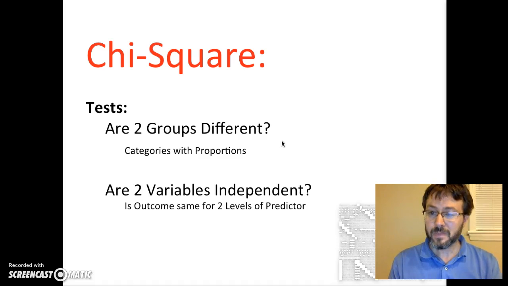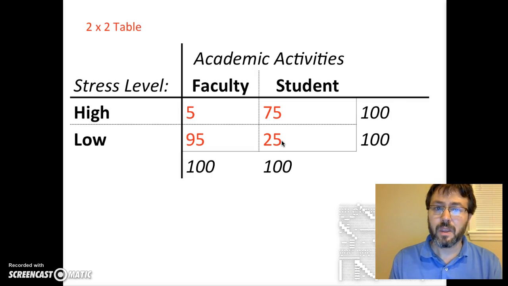And another way of saying that is, are the variables independent? So is the outcome the same for the two levels of the predictor? Let's look back at our 2x2 table to help make that a bit more concrete. So when we look at the faculty and the students, those are two categories of academic activity.